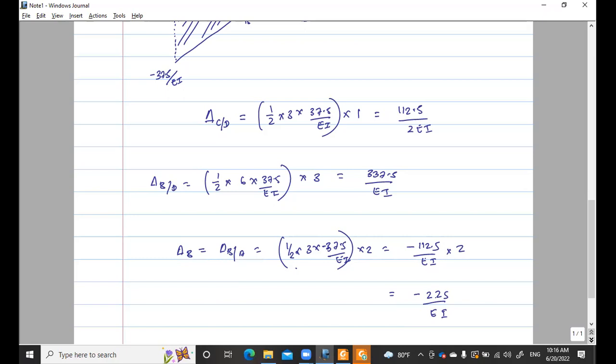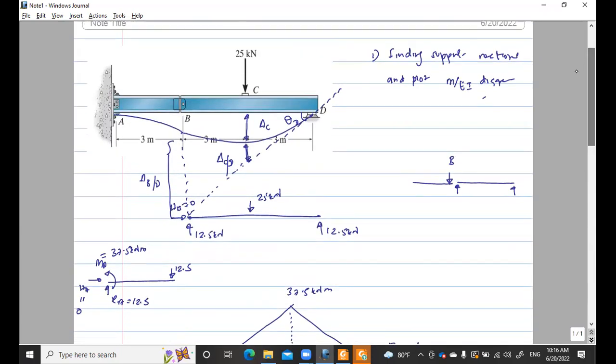So now we have found delta B and we have found delta BD. Delta B is this one, and delta BD is this one.